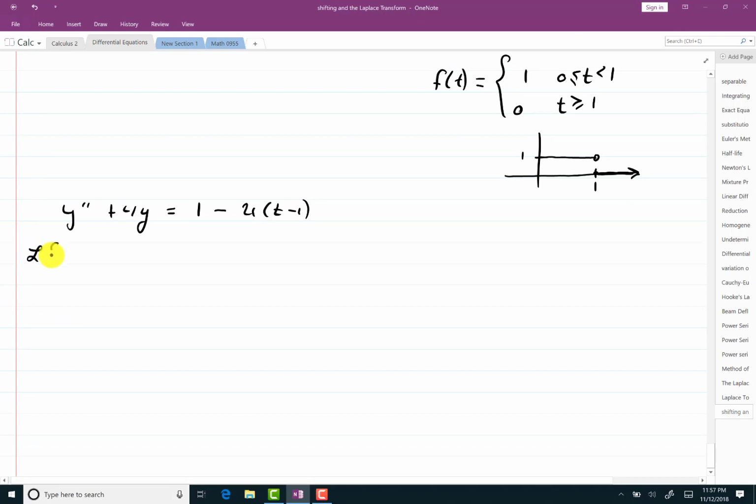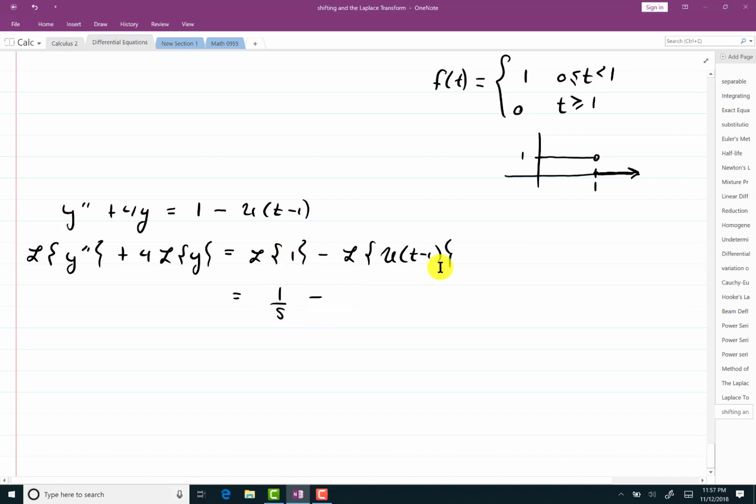So the Laplace of y double prime plus 4 Laplace of y equals the Laplace of 1 minus the Laplace of u of t minus 1. Well, we know what the Laplace of 1 is, and that is 1 over s. Minus, and then here, the shifting is by 1.